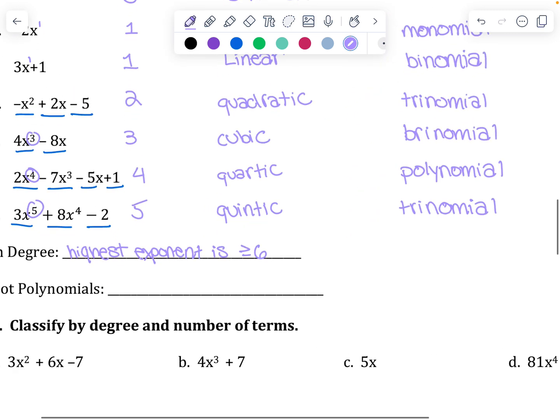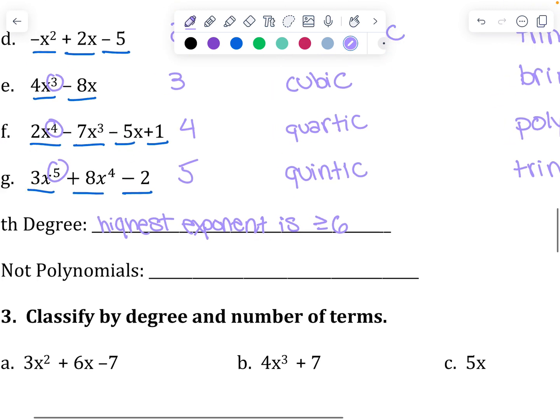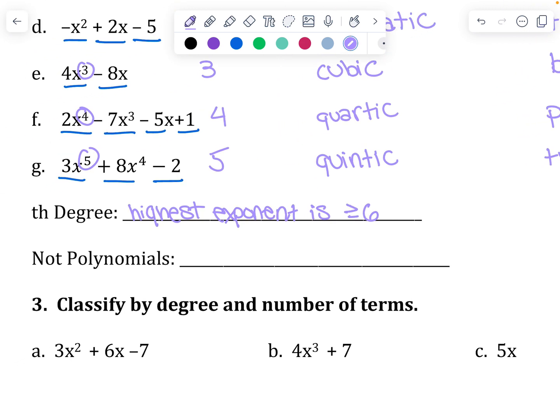Now let's justify, what if I don't see a polynomial? Because sometimes I'll throw an equation in standard form and ask you, is this a polynomial or not? Some examples that are not polynomials: if your x is in the denominator, it cannot be a polynomial. So if I have 5 over x squared, can't have that.